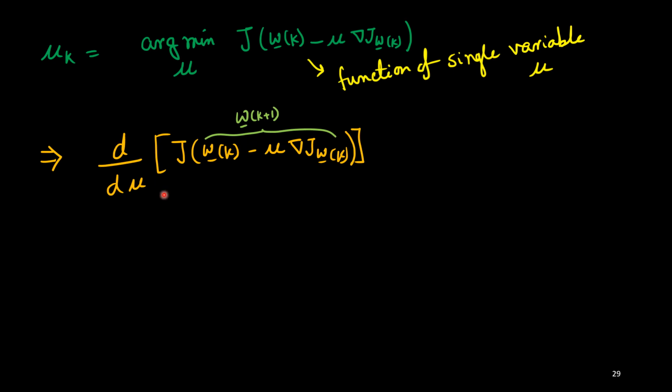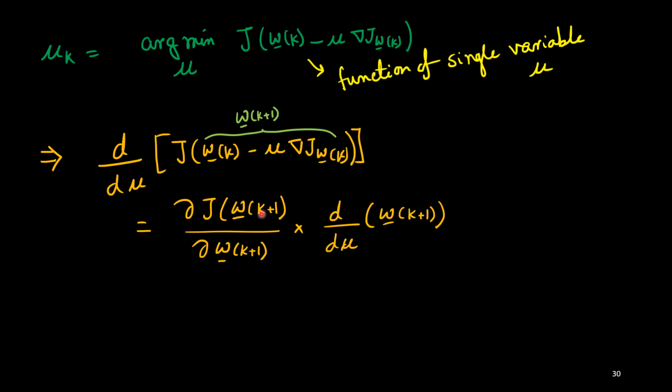So derivative of this cost, you know that j of wk plus 1, I need to take derivative with respect to mu, and I will put it 0, and we'll solve it. Okay, now this derivative, what can you write? Can I write it in this way: first we can take derivative of this j with respect to wk plus 1, right?